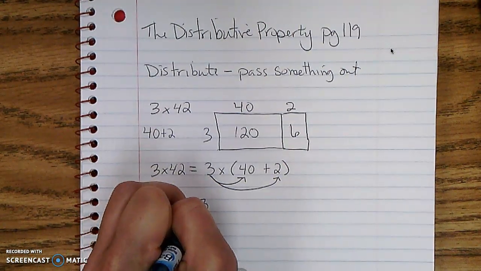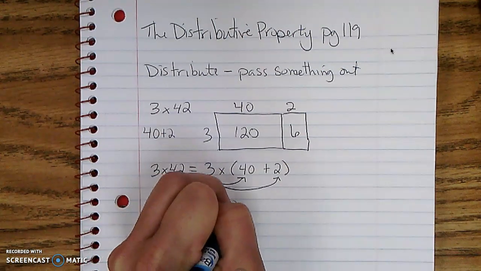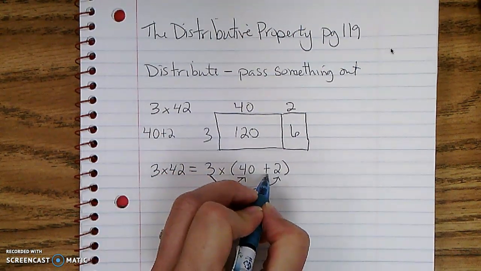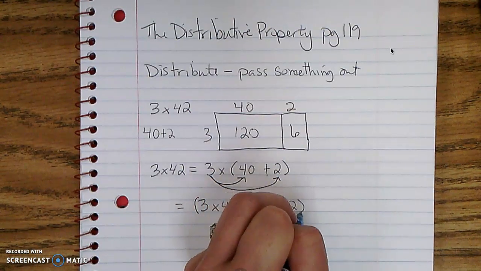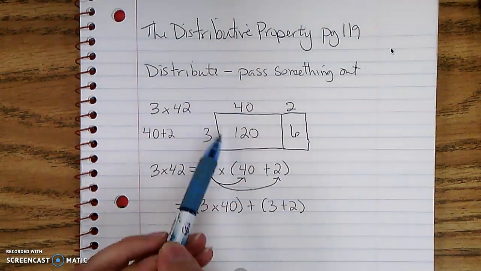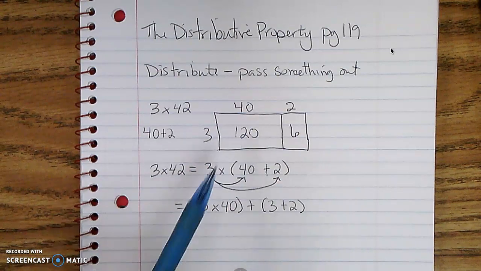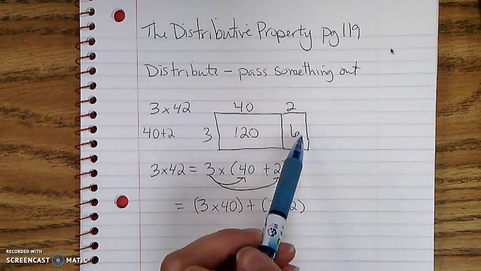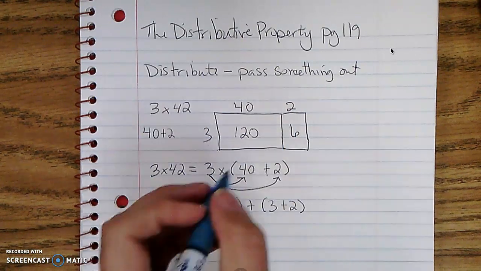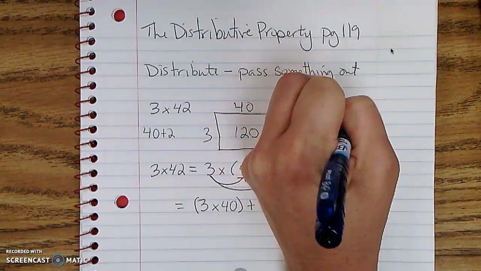It looks like 3 times 40, we're going to use this plus 3 times 2. And if you think about it, that's what we did up here. We did 3 times 40 first, and then we did 3 times 2, and then we would add those. Right?